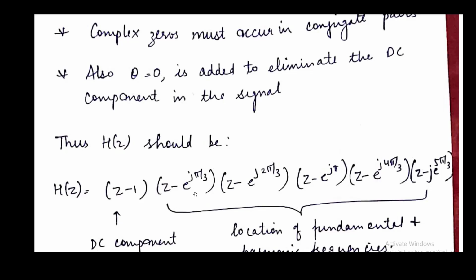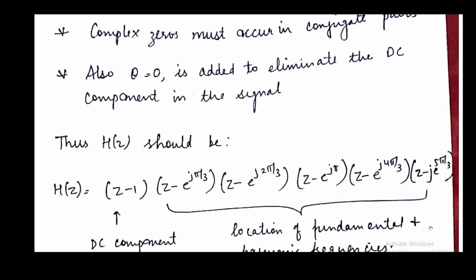And then we have pi by 3, plus minus pi by 3, which we can also write as 2 pi by 3. Then we have pi, 4 pi by 3 and 5 pi by 3. So these are the different locations of zeros. We can say these are the locations of the fundamental and harmonic frequencies, and at those particular frequencies our system should have a value of 0. That's why we have taken all these as zero locations.